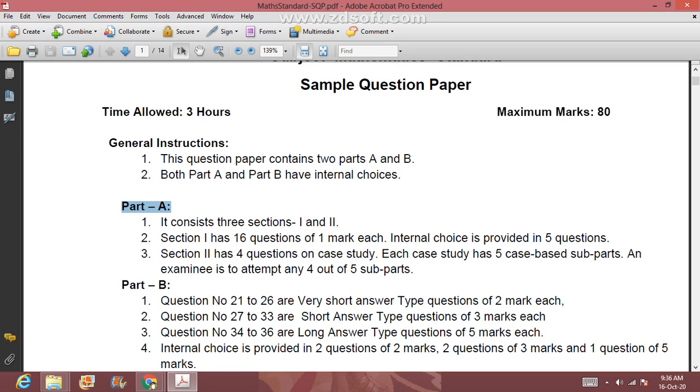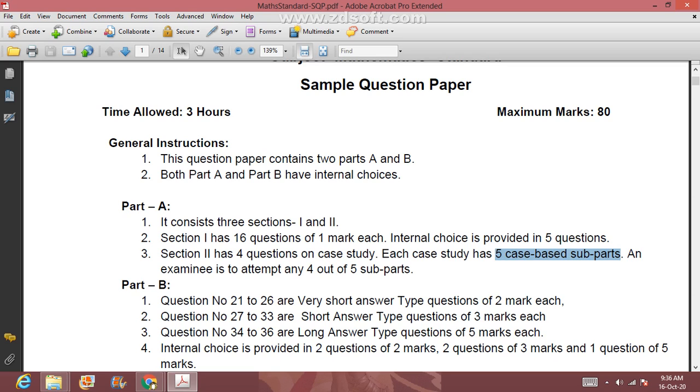Part A contains 20 questions. First 16, 1 mark each, and the next 4 questions, 17, 18, 19, 20, are case studies. See, in the case study, each case study has 5 case based subparts. Means for each case study there are again 5 sub questions.